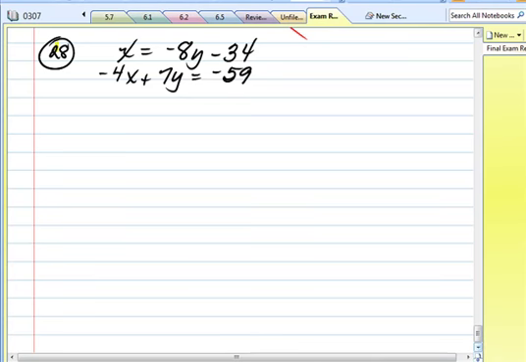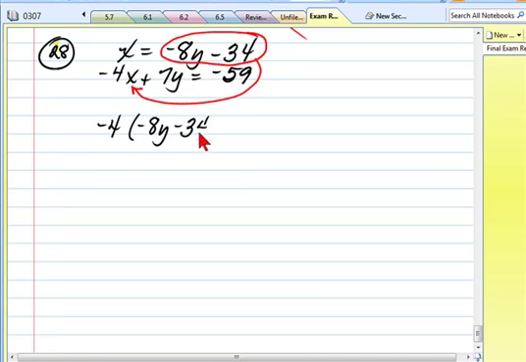I agree substitution, because the top equation says x equals. So I will circle that and I'll put it in the place of x. That's going to give me -4, parentheses, instead of x, I put -8y minus 34, close, plus 7y is negative 59. Did you see the substitution take place?